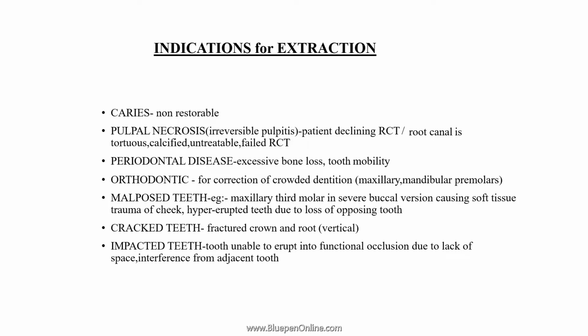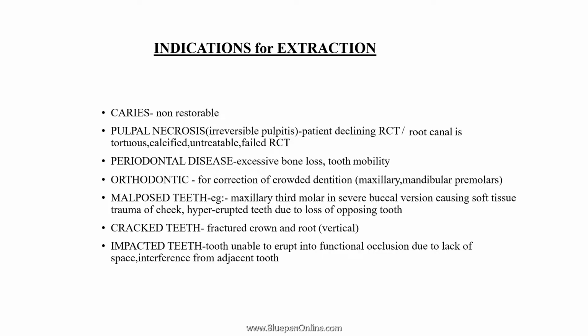When the patient is having periodontal disease, excessive bone loss, tooth mobility, okay, when there is an orthodontic need, like when the patient is having a crowded dentition, you have to go for an extraction, right? When there are malposed teeth, when there are cracked teeth, like fractured crown and root.